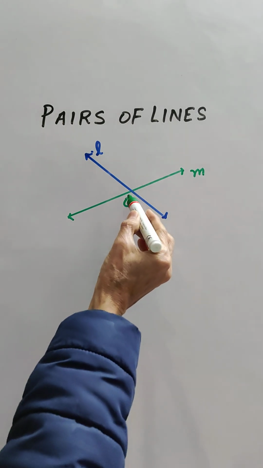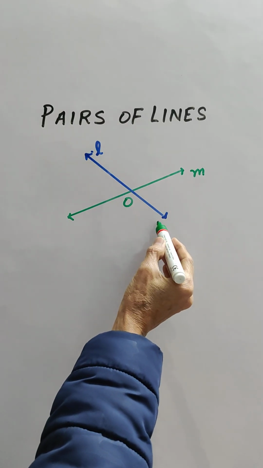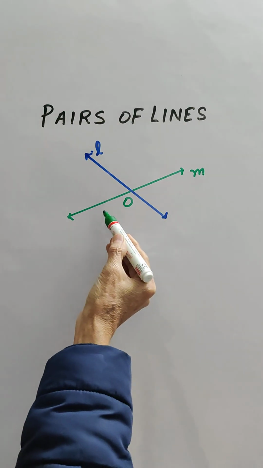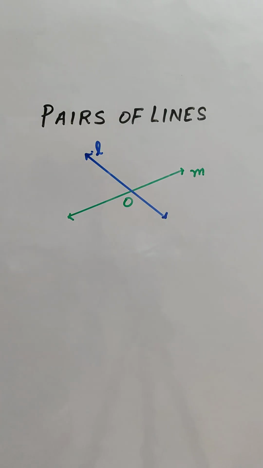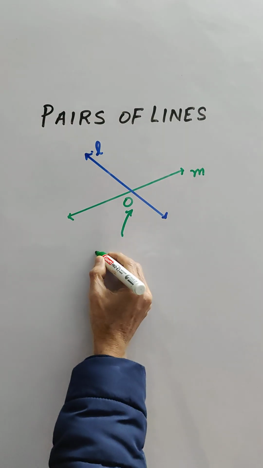Here point O is common. Two lines, line L in blue color and line M in green color, are intersecting at point O. Point O is common in both lines, blue and green. This common point is called the point of intersection.